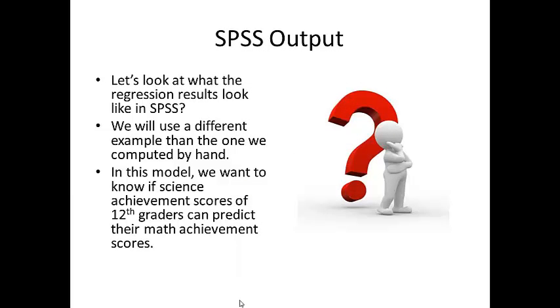All right, so let's go through an SPSS example. We're going to use a different example than the one that we computed by hand. Let's say we want to know if science achievement scores of 12th graders can predict their math scores.